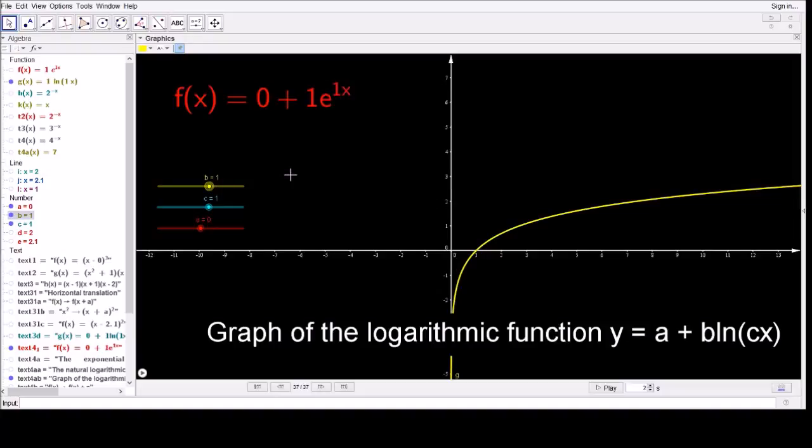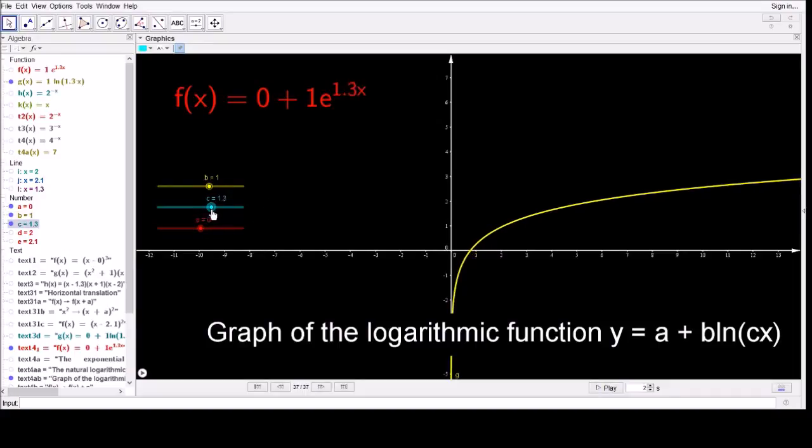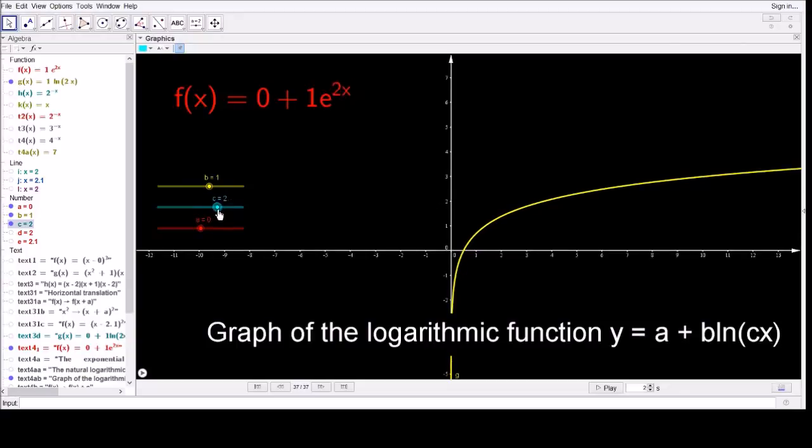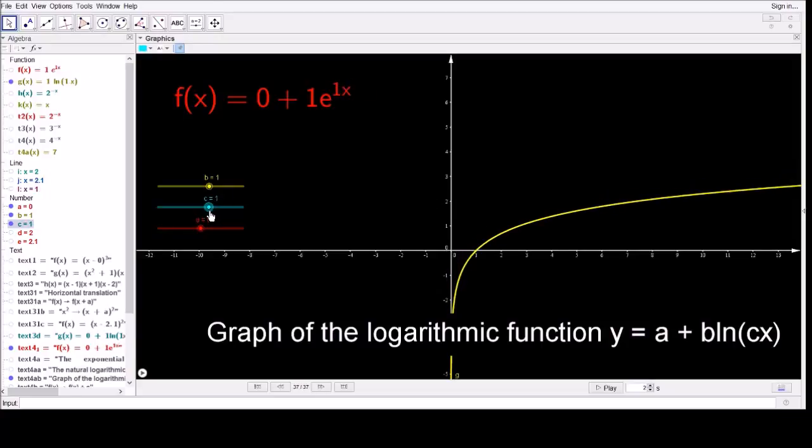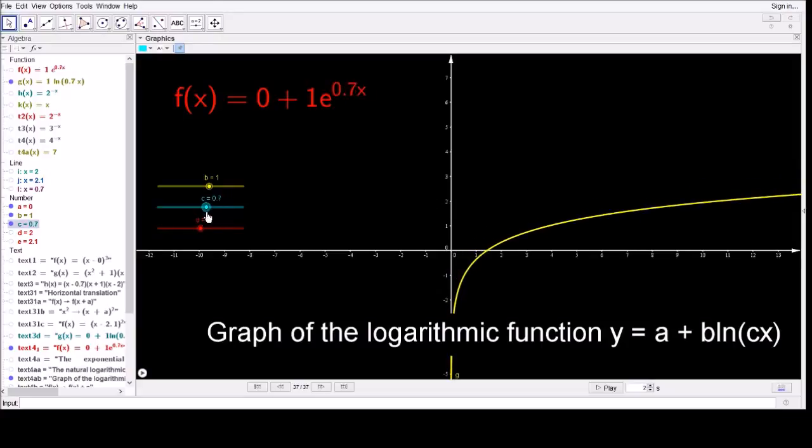Finally, we'll have a look at the effect of a stretch parallel to the x-axis. As we increase c to 2, our scale factor is a half. So, as we might expect, the curve now cuts the x-axis at a half, 0. If we reduce the value of c to a half, our scale factor is 2.